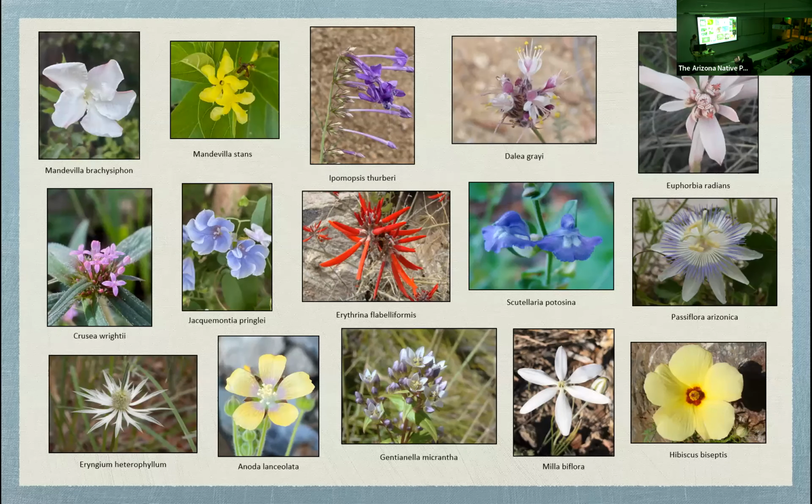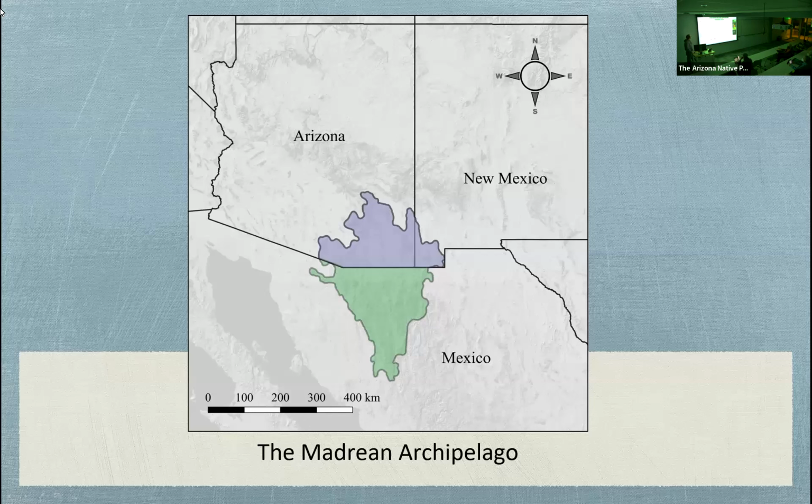So I was interested in looking at what is the distribution of these subtropical plants. And here's our study area, which is the overall Madrean Archipelago ecoregion. You can see the top portion of the ecoregion is the US. This is just what we're referring to as a region because basically I'm delineating it based on an arbitrary international boundary.